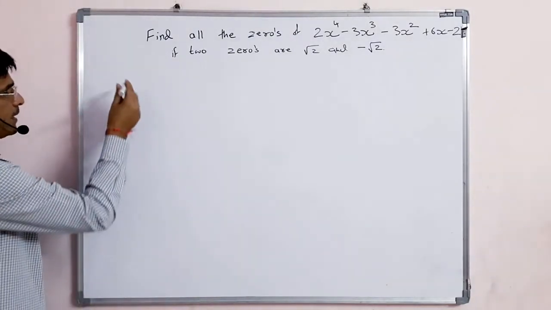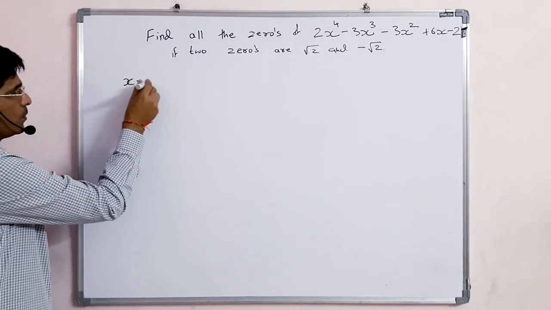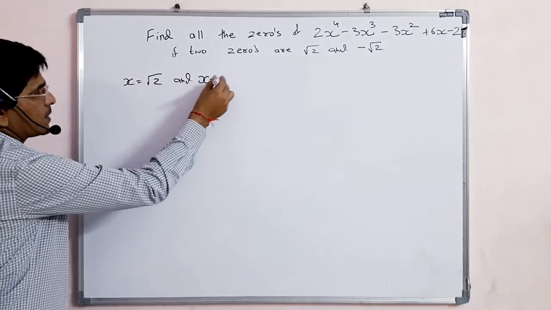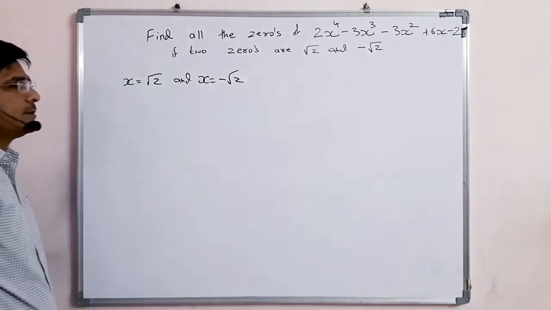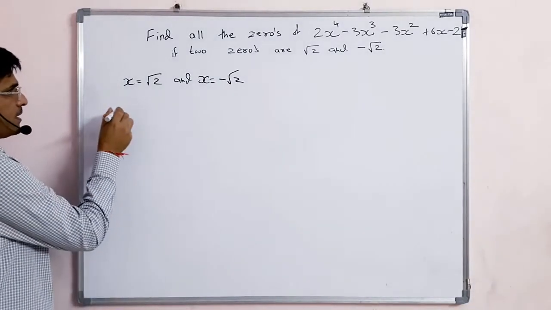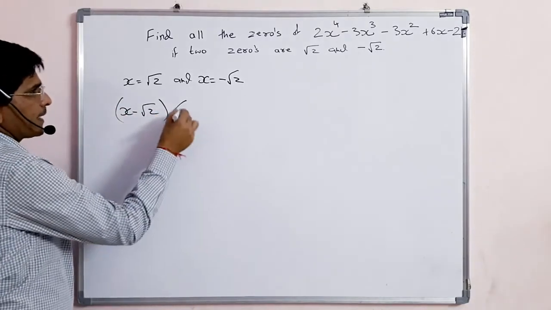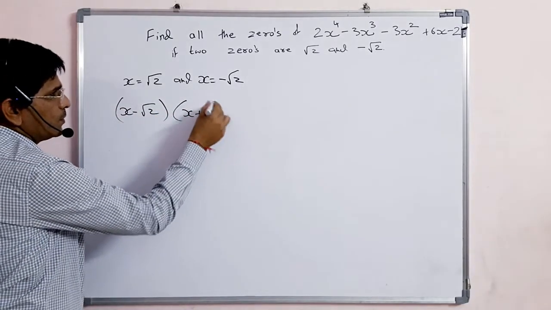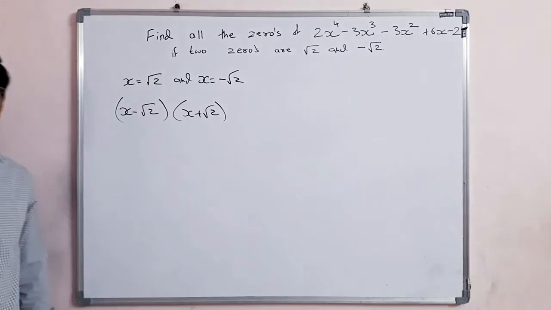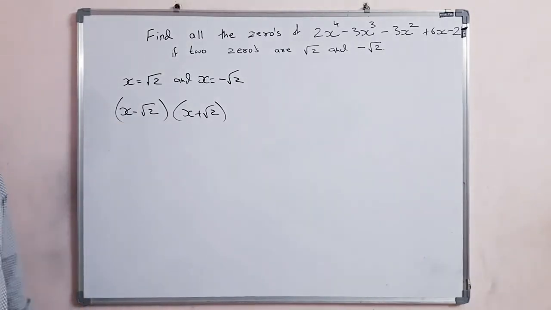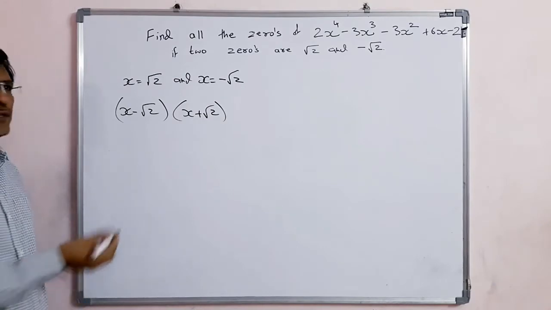So we can say that x is equal to root 2 and x is equal to minus root 2. Now we can say that x minus root 2 and x plus root 2. So we know that when one time is plus and another time is minus, we can say it is a difference of squares.